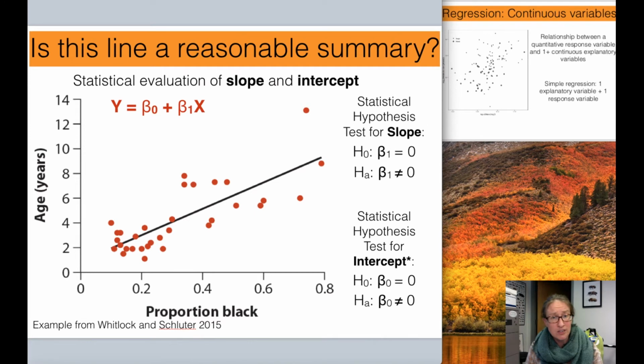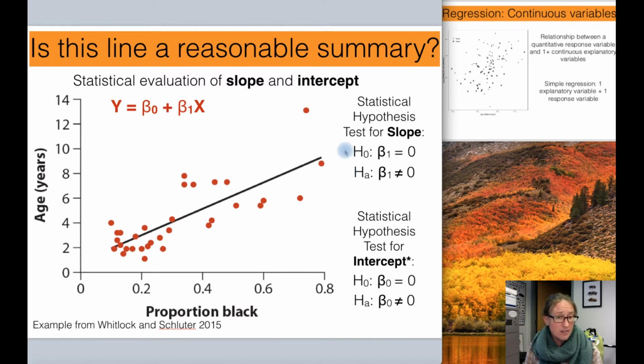So very much like for other statistical analyses, we're going to conduct some statistical hypothesis testing for both the slope term, beta 1, and also for the intercept, beta 0. And so as with other types of statistical calculations, we can kind of split this up into a null statistical hypothesis and an alternative statistical hypothesis.